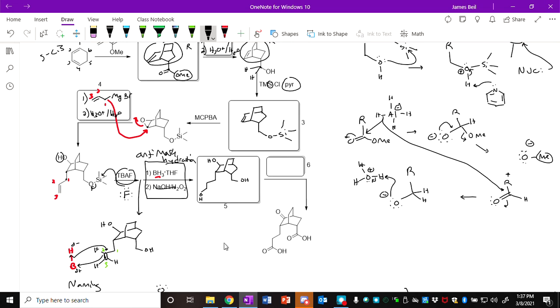So then finally, to convert this structure into the final structure, what's happening here is I'm doing an oxidation at each OH. The primary alcohols are getting oxidized all the way up to carboxylic acids. The secondary alcohol is getting oxidized to a ketone.